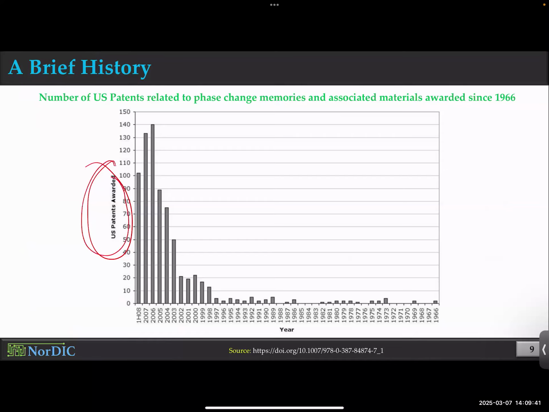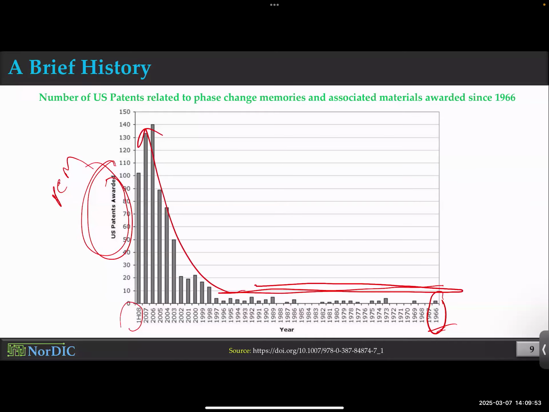The number of patents awarded on PCM technology, starting from 1966 up to 2008 or so. Apparently, there was nothing. And then all of a sudden, there is a spike that tells you something. Something happened around this time frame, which suddenly led to increased activities about phase change memory. And everybody seems to like it now. What changed? We still melt them, by the way. Nothing changed, okay? Still kind of cook them on the chip.